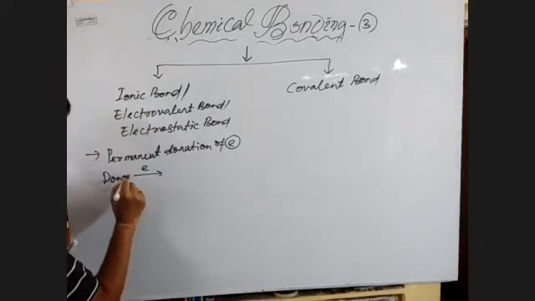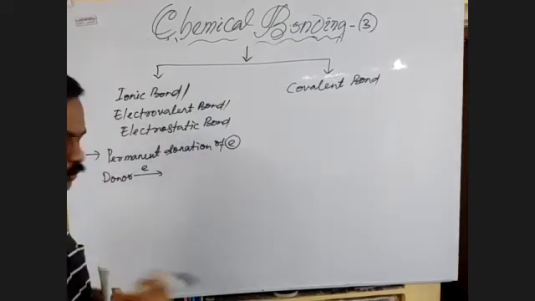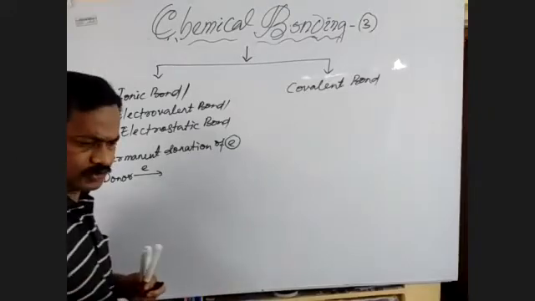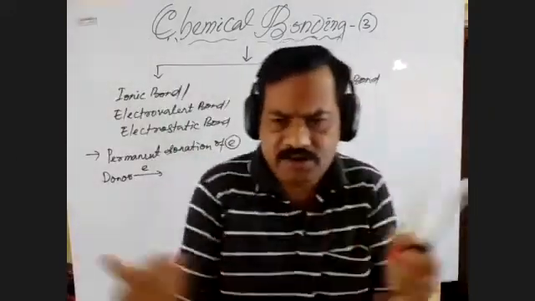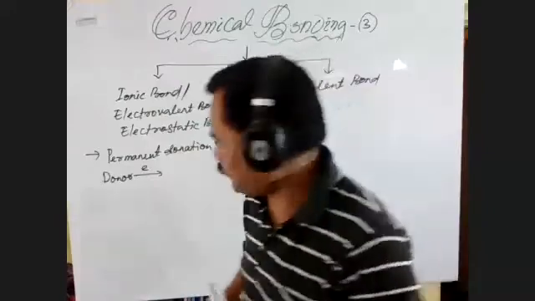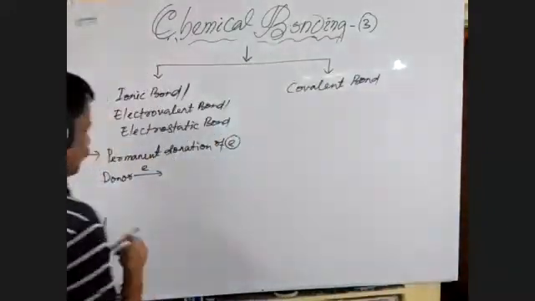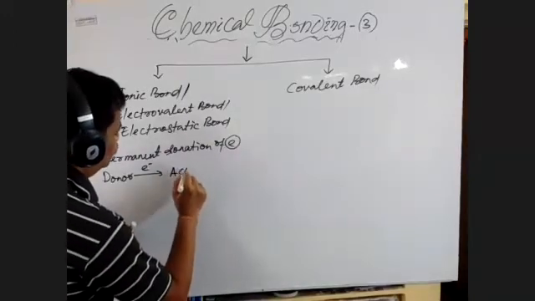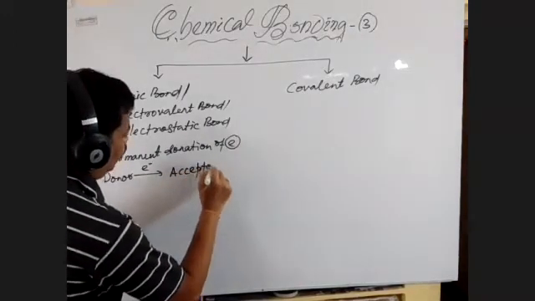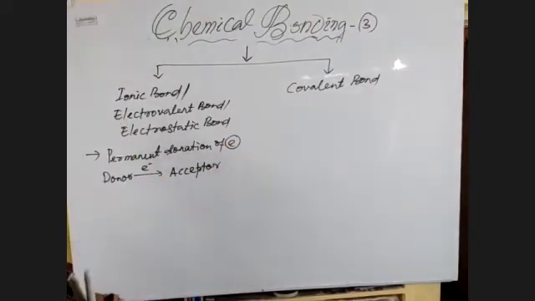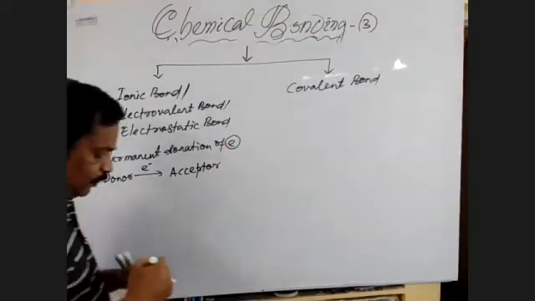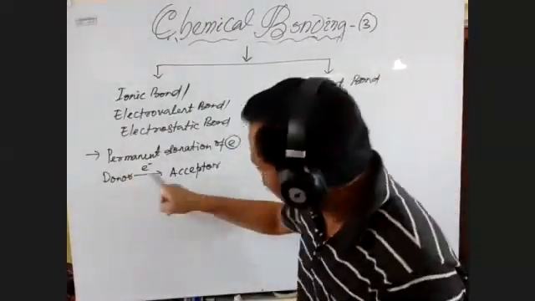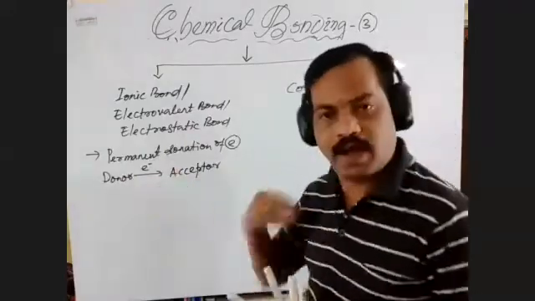And who accepts the electron is called the acceptor. Because a chemical bond is a linkage, there is a relation between two, so a minimum of two are required. If one is donor, the other will accept. So an ionic bond is formed due to the permanent donation of electron between donor and acceptor.